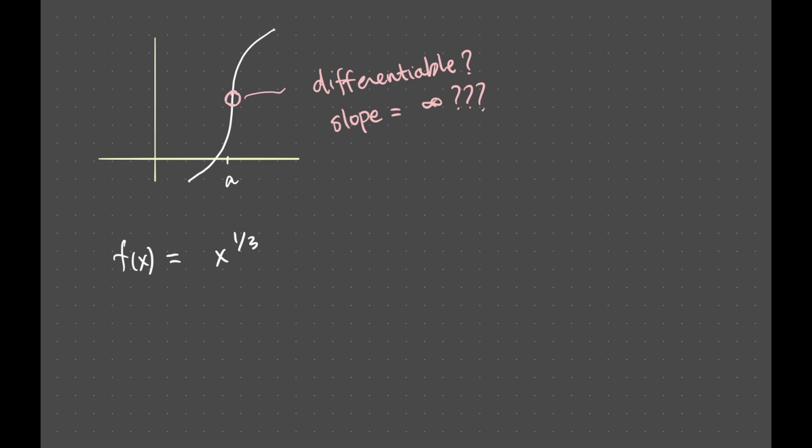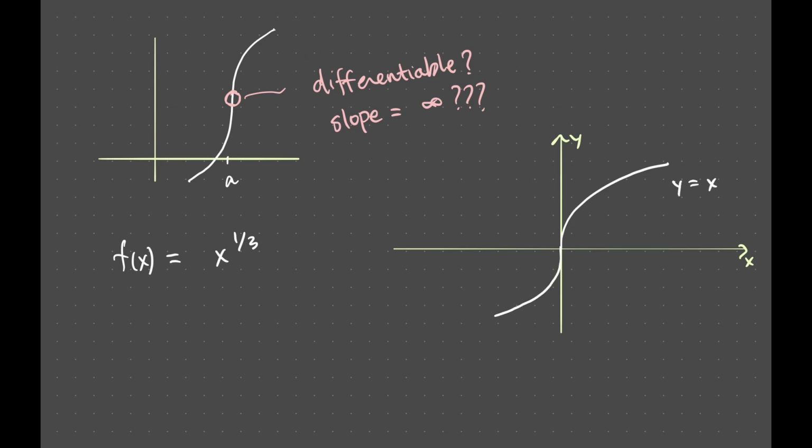Another way a function can fail to be differentiable is if its slopes approach a vertical line of tangency, that is, the slopes blow up to infinity, or to -infinity. For example, the function f of x equals x to the 1/3 power has a graph that looks like this, and from this graph it appears that the slopes are tending to infinity at the origin, that is, the origin should have a vertical line of tangency.